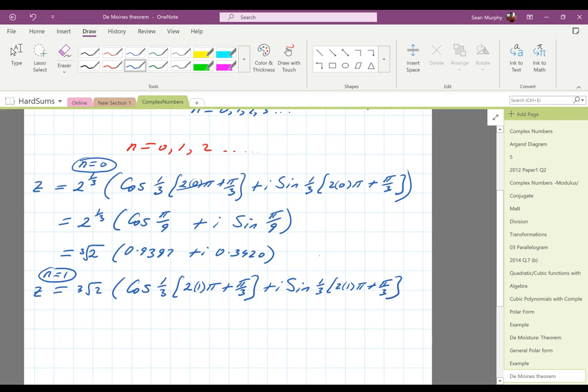So z is equal to the cube root of 2 times the cos of, that's now 2 pi over 3 plus pi over 9, when you multiply by a third, plus i sine 2 pi over 3 plus pi over 9.